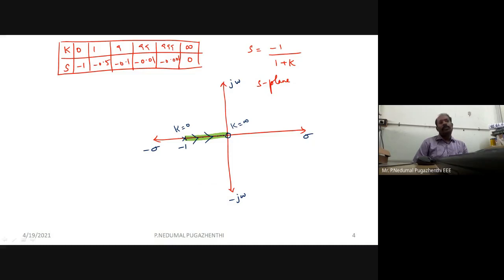So this is your root locus branch. Even if you take your K value to be infinite, your pole will be at 0 only. This is the structure of your root locus. It starts from an open loop pole and it will end at an open loop zero.